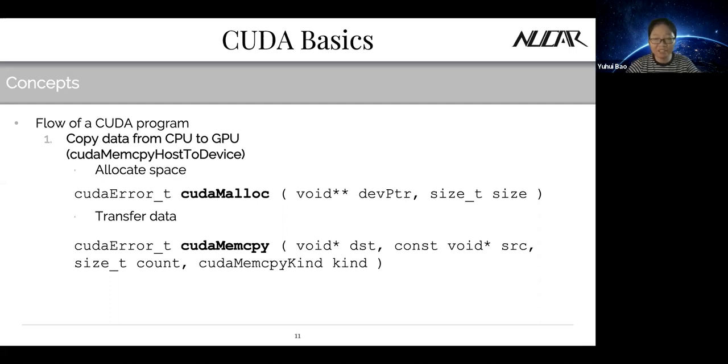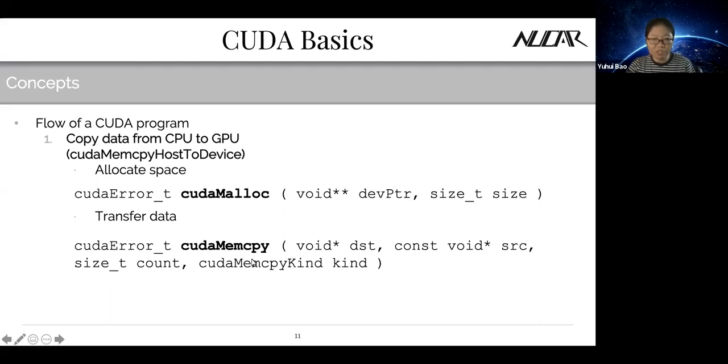One is the data on the source. The other is the memory address on the destination. Then the size of the data. So if the source is the host side, the destination is the GPU.